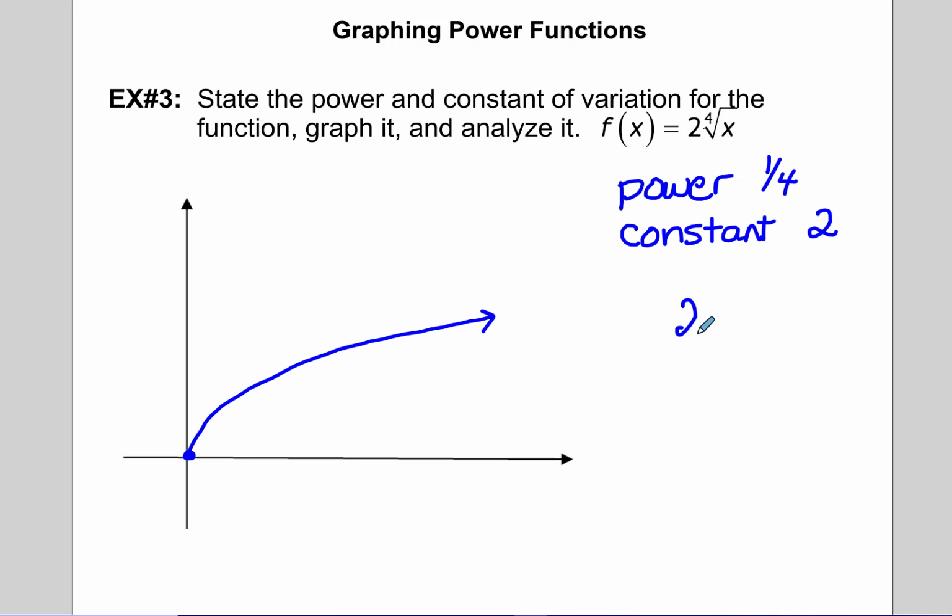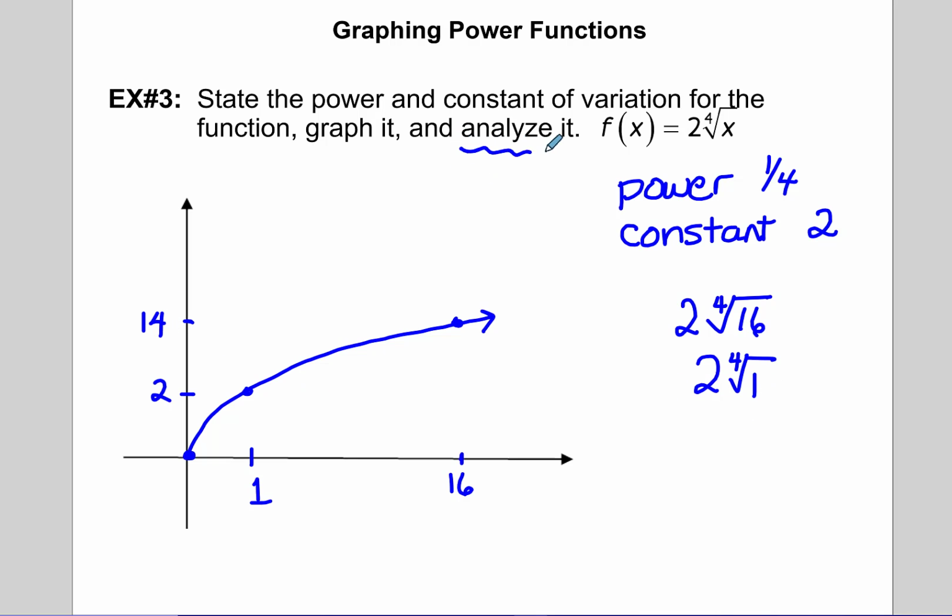And if you think about the 4th root of 16, the 4th root of 16 is 2, so 2 times 2 is 4. And then if you think about 1, the 4th root of 1 is 1, and 2 times 1 is 2. So we have (1, 2) and (16, 4) as points of reference.